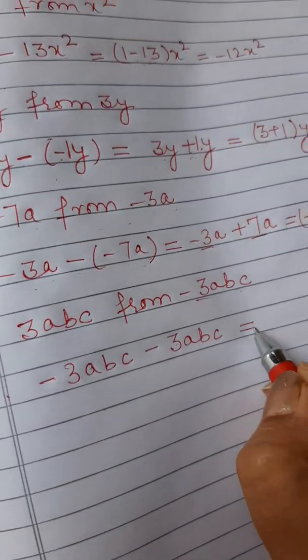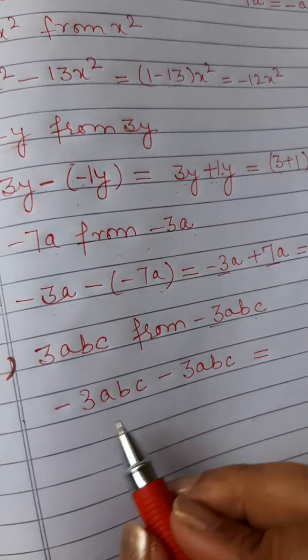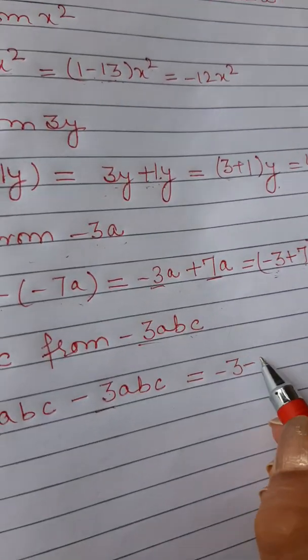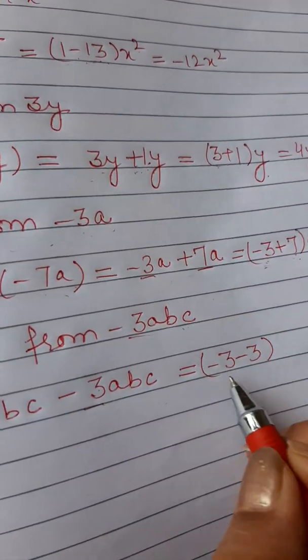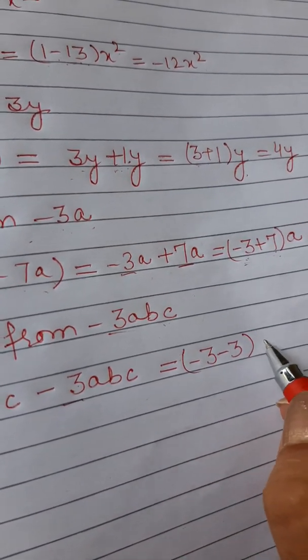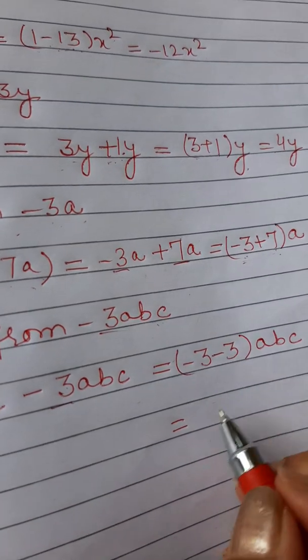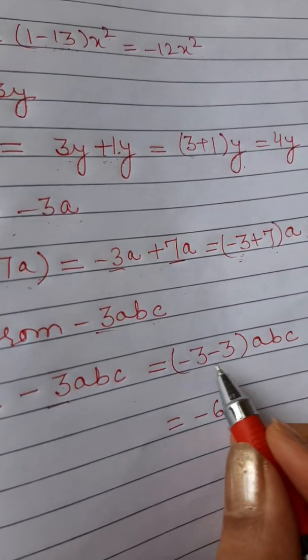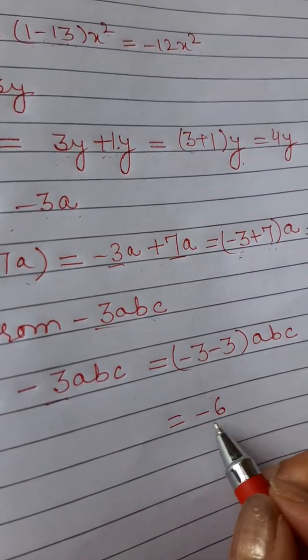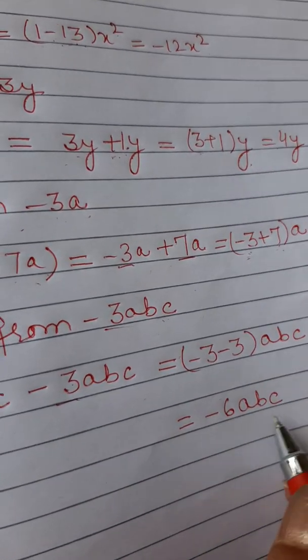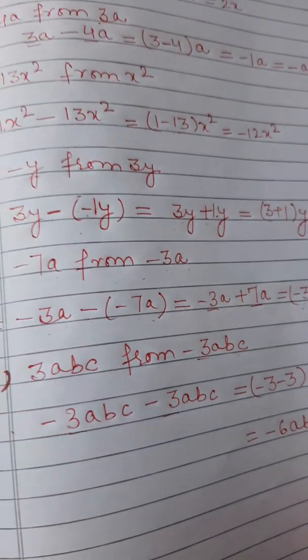This is equal to, both are negative, consider the numeral part only, minus 3 minus 3. Both are negative, the signs are the same, so we have to add as per the integers rule. So minus 3 plus minus 3 is minus 6, and we will go with the same sign. So minus 6 it will be, and a, b, c, the variable part also we have to write. So this is the answer.